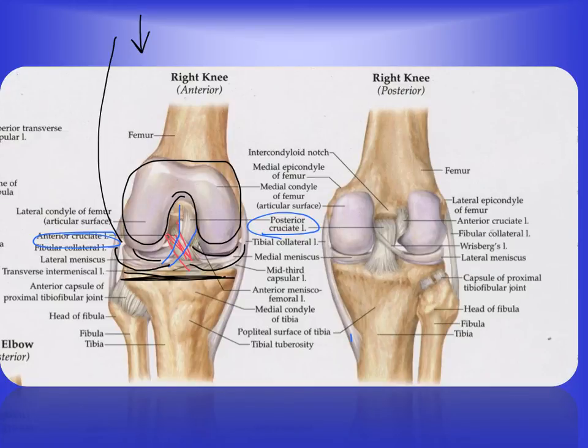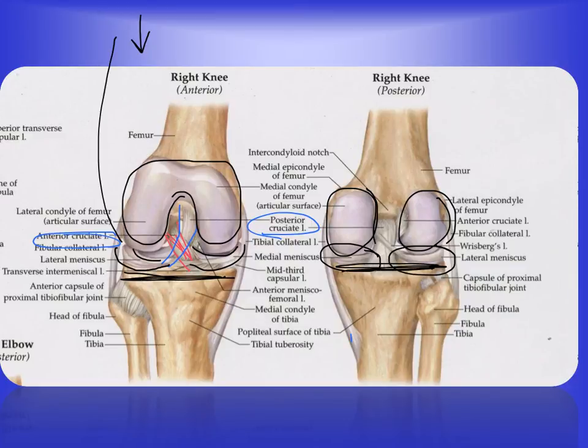So if someone had their meniscus cut away, we would be concerned that this individual might develop arthritis over time, because the femur bone would be either medially or laterally rubbing on the tibia bone. As those two bones rub together, they basically rub away bone, creating an arthritic knee.